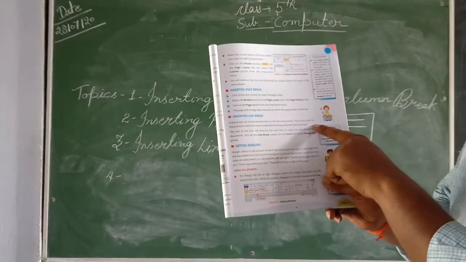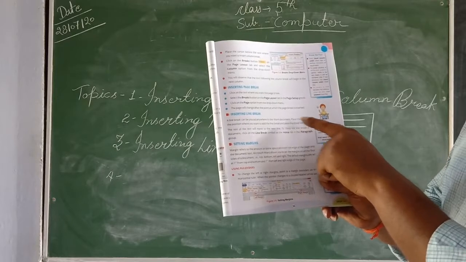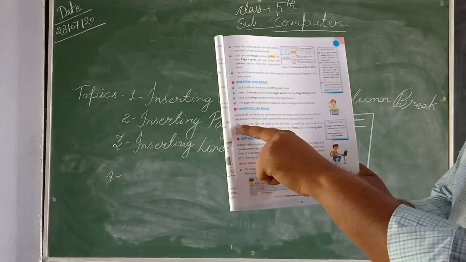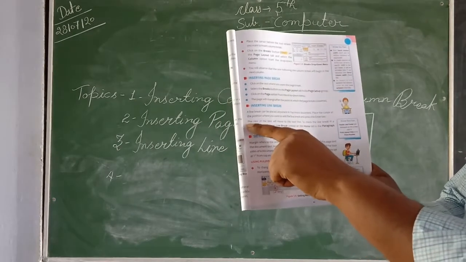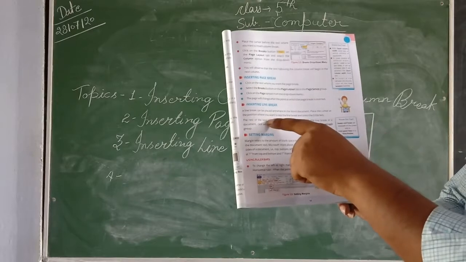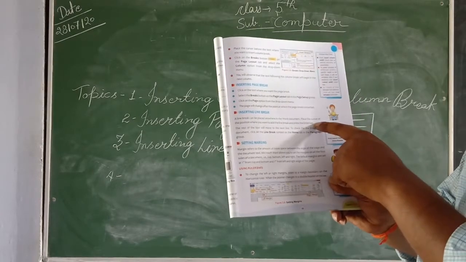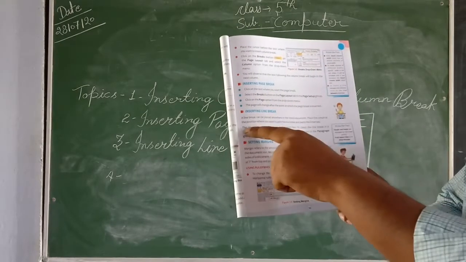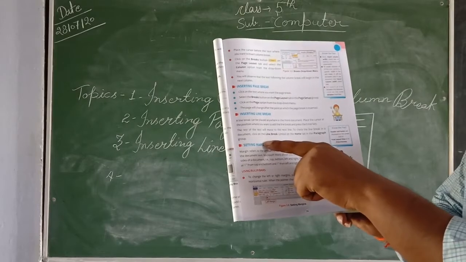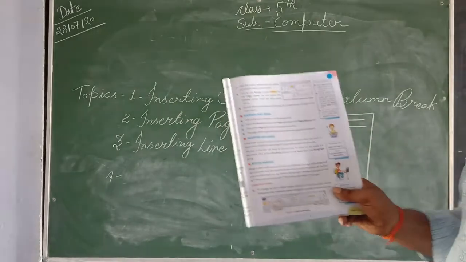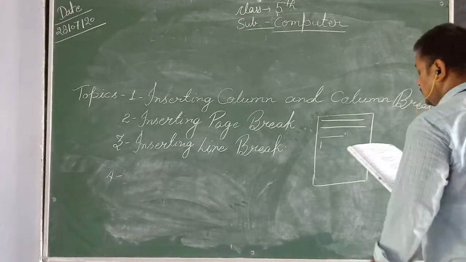Okay, but still they give the Enter key here, so that the whole text is selected one line below. Okay, so this is the feature of the inserting line break option.